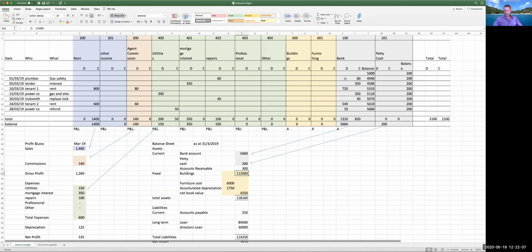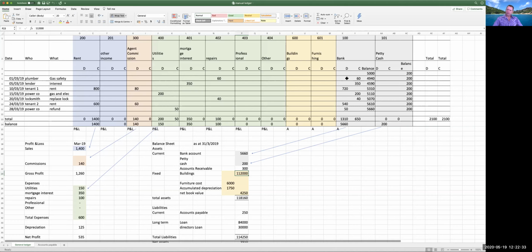Now, for those of you that may not have been watching last time or may have forgotten, you might immediately be getting confused, because you would say, well, hang on, if you paid the plumber, why is it under C for credit and not under D for debit? Because when I look at my bank statement, it would be showing as payment or as a debit on the bank statement. And you're absolutely right, it does.